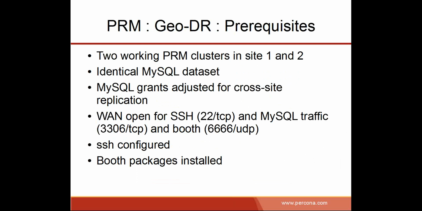The firewall is open for SSH, MySQL, and boot. So port 22 TCP, 3306 TCP, and boot by default uses 6666 UDP. SSH is configured, and the boot packages are installed. Let's review these 2 quickly.